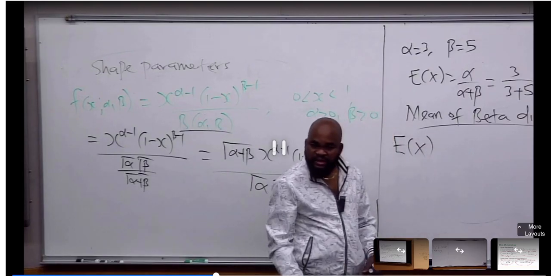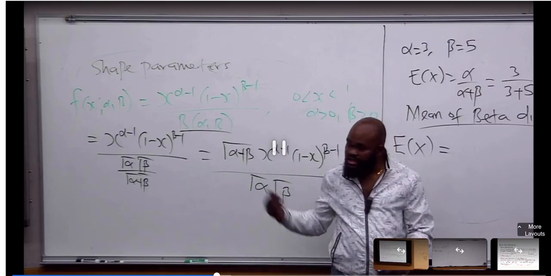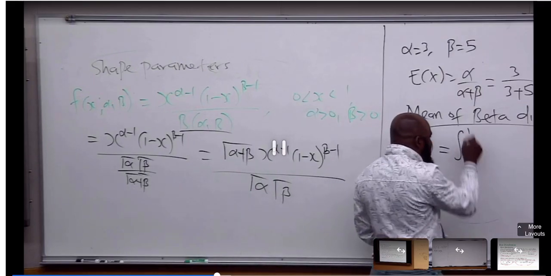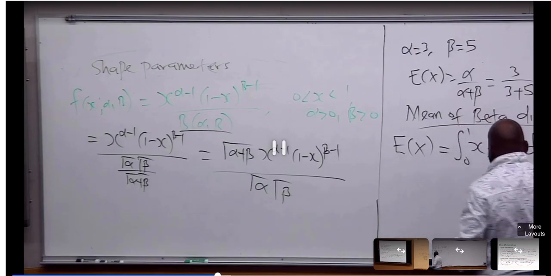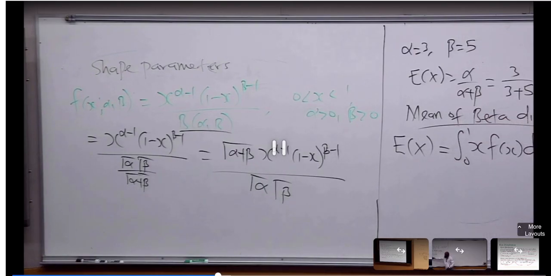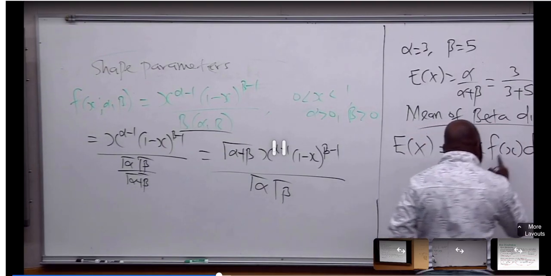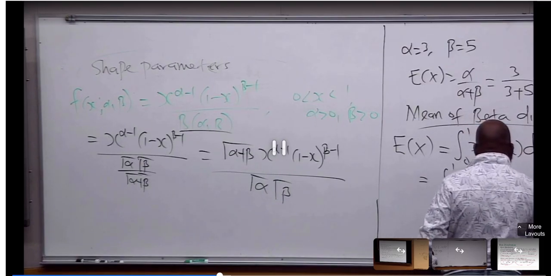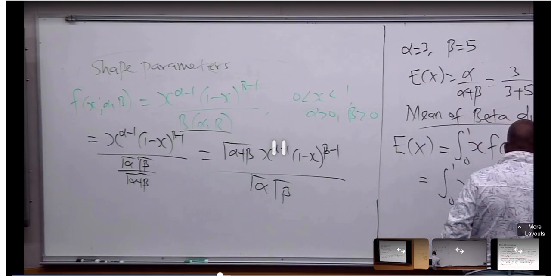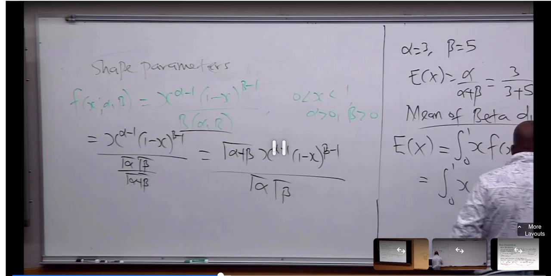Don't forget, this is a continuous random variable, 0 to 1, x, f of x, dx. You see that? You can see the state space, right? 0 to 1. Now 0 to 1, x. What is the distribution? x raised to power this, 1 minus x raised to power this, then B of alpha beta dx. Any question?